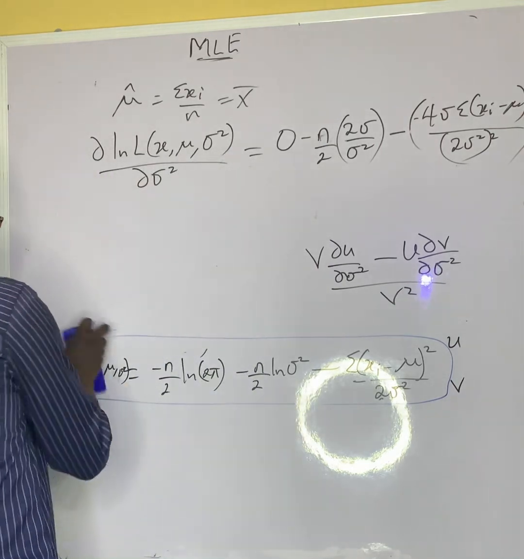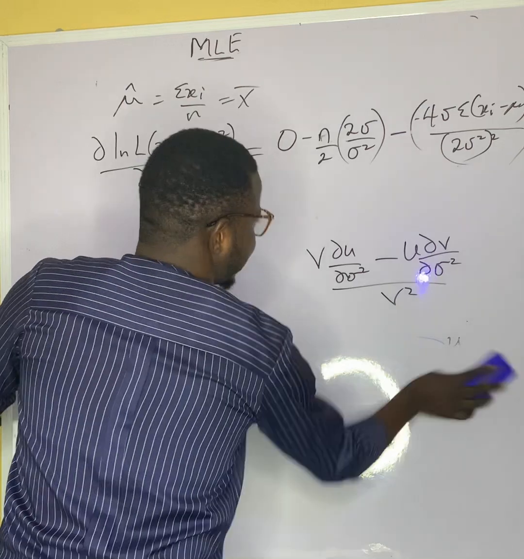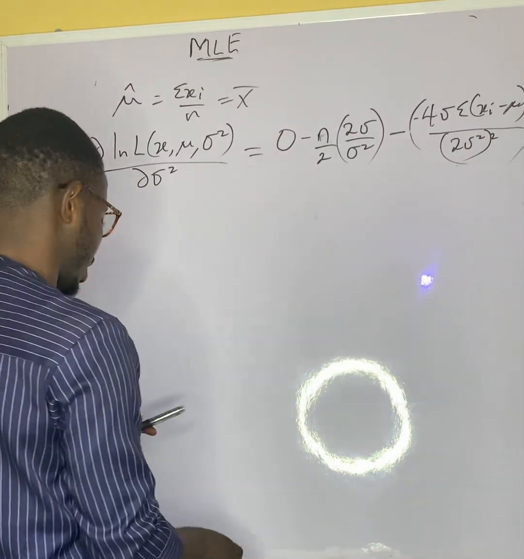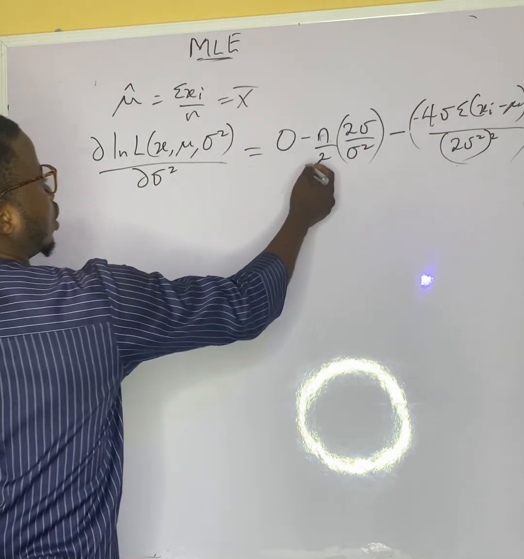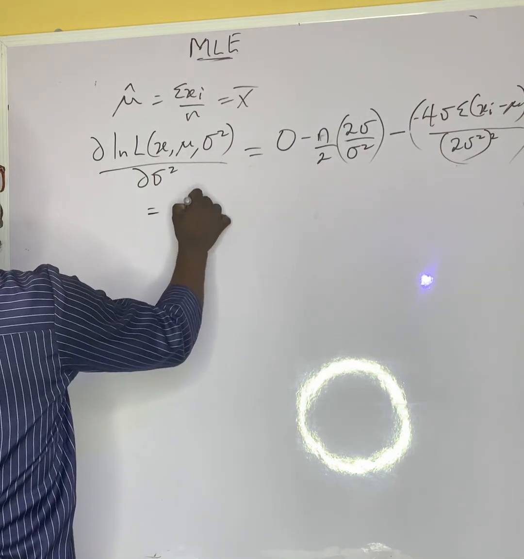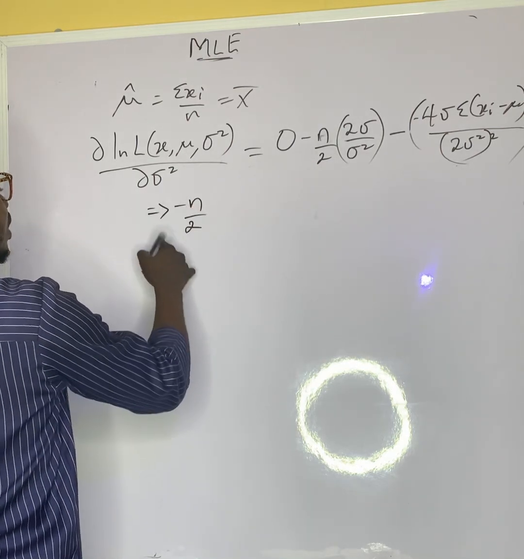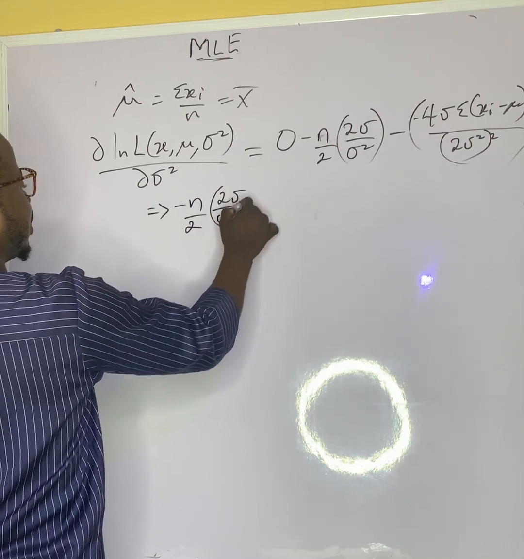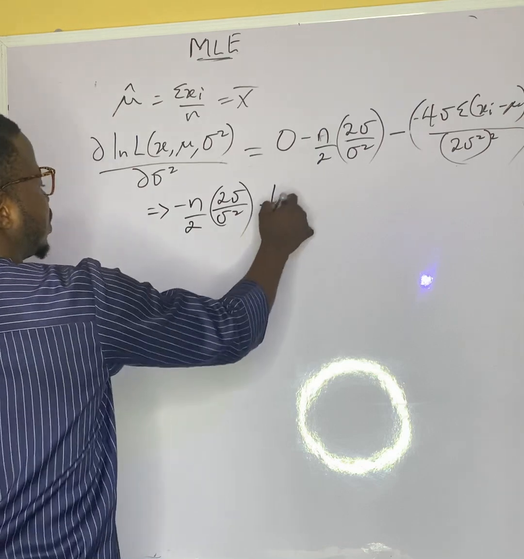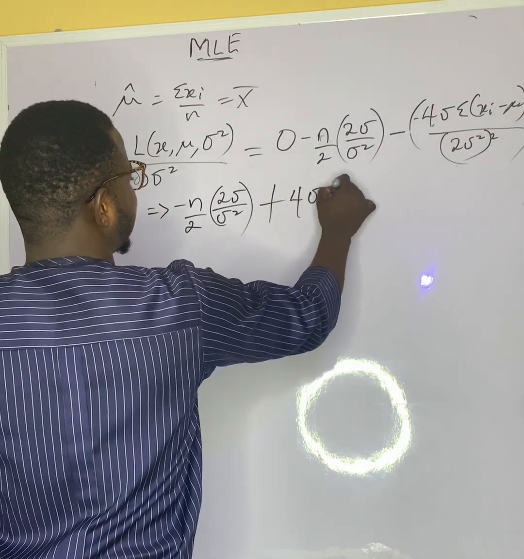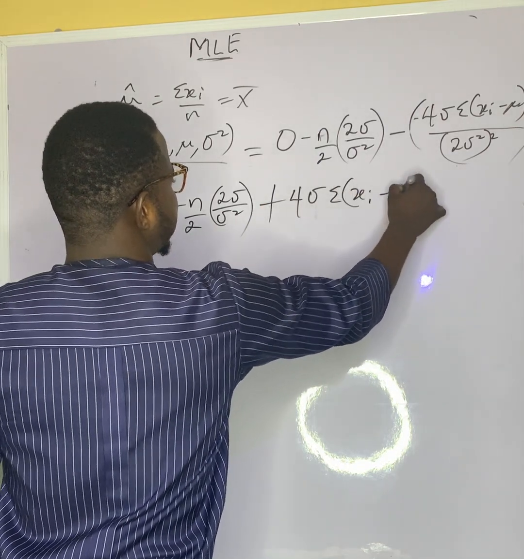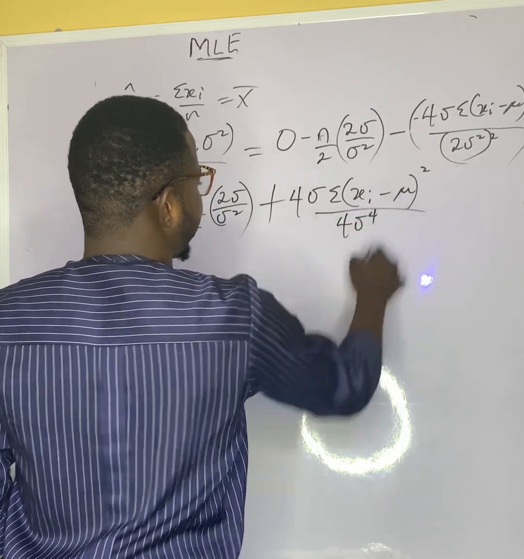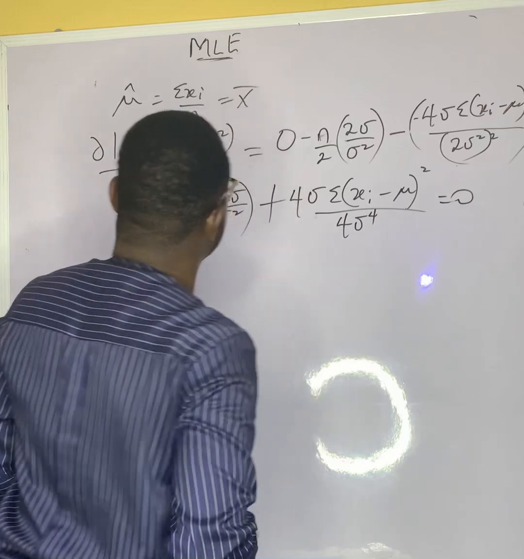So now we equate whatever we get after differentiating to be 0 to obtain the estimate of sigma square. From here we have minus n over 2, then 2 sigma over sigma square, then this one will turn to plus 4 sigma summation xi minus mu all squared over 4 sigma raised to 4, equals 0.